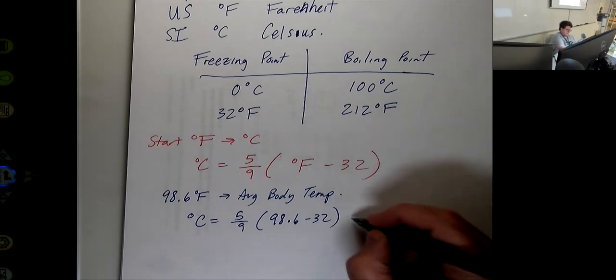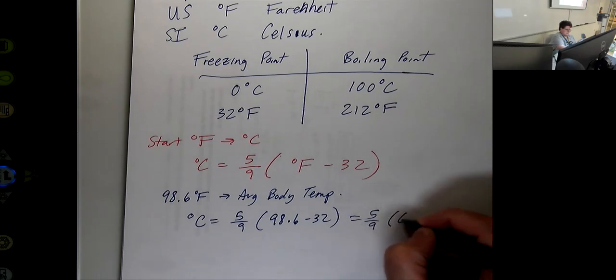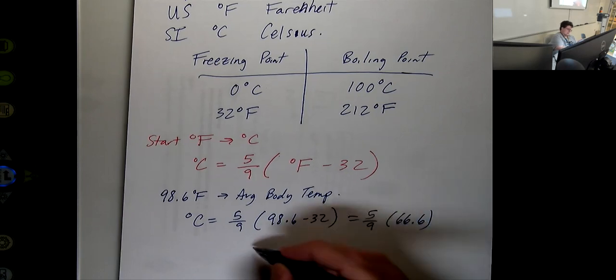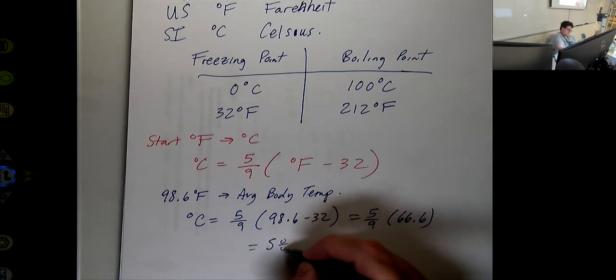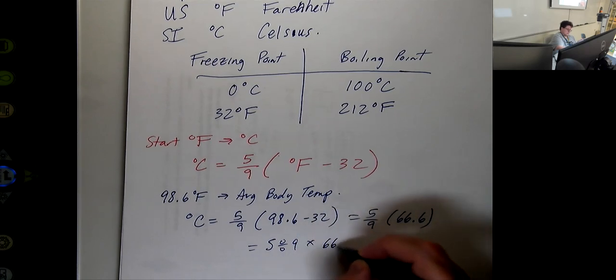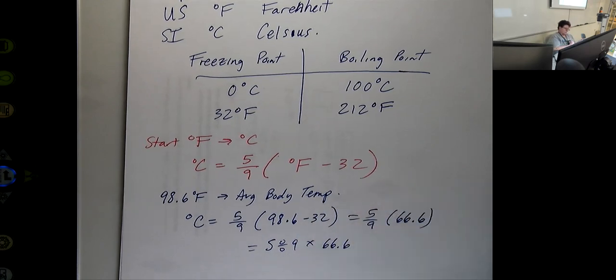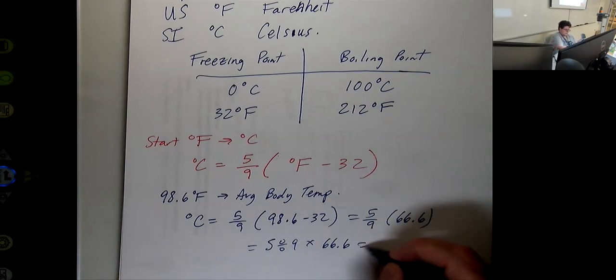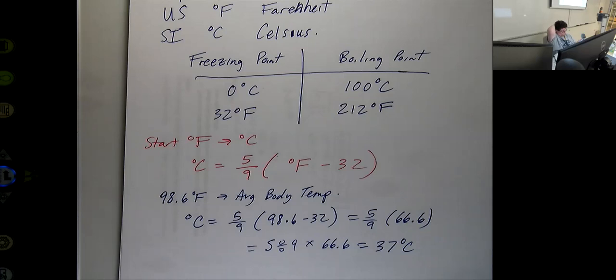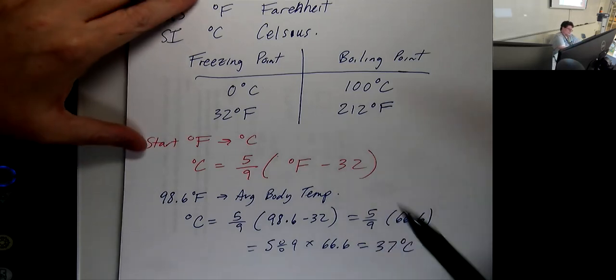And I get 5/9 times 66.6. In the calculator, I can do 5 divided by 9 times 66.6. That's 37 degrees Celsius. So that's the Fahrenheit to Celsius formula.